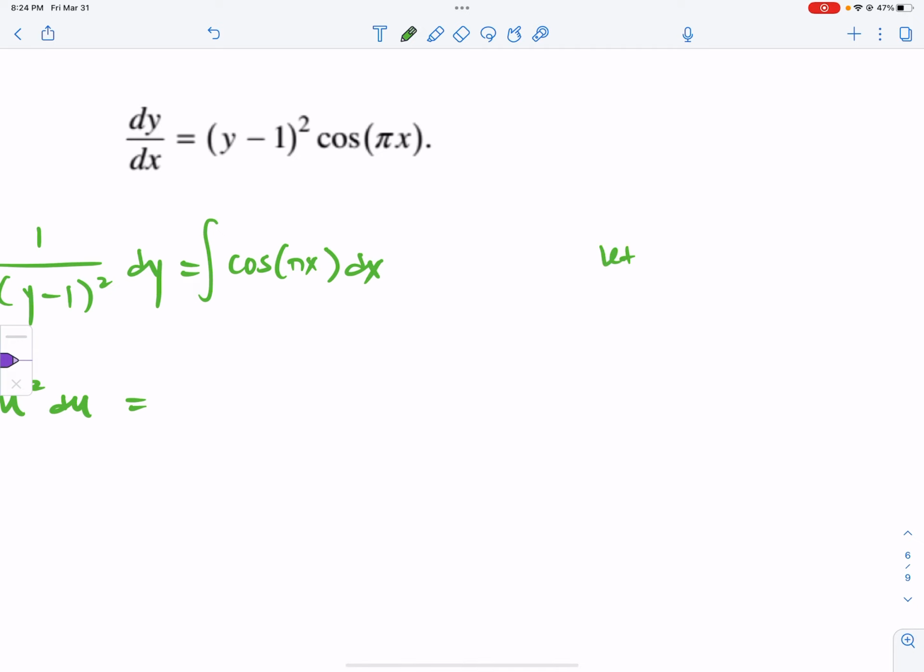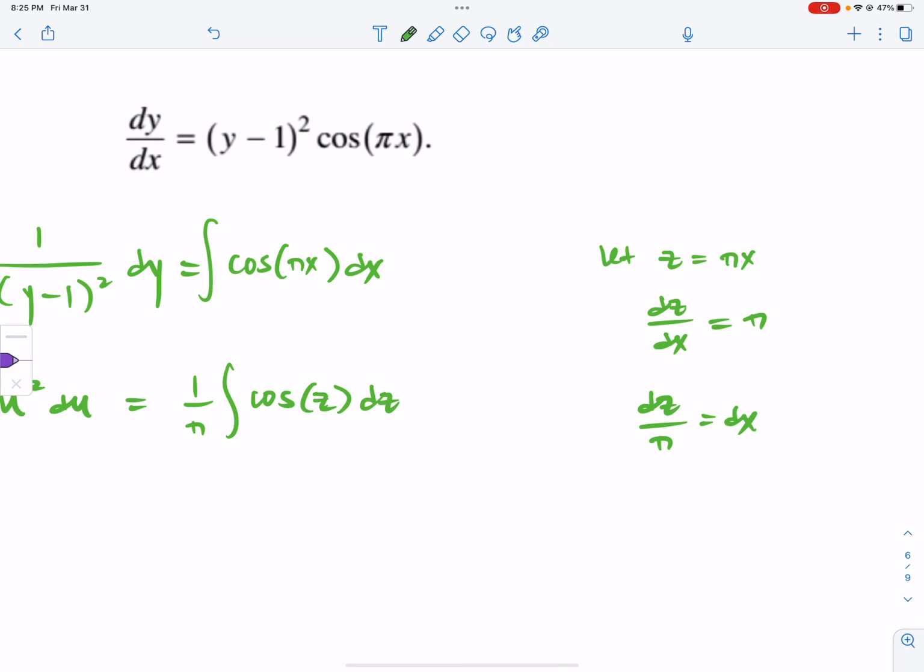I'm going to let, I don't know, z equal pi times x. So dz over dx is pi, dz over pi is equal to dx. So we'll have 1 over pi times the integral of cosine of z dz. And then we are ready to integrate.